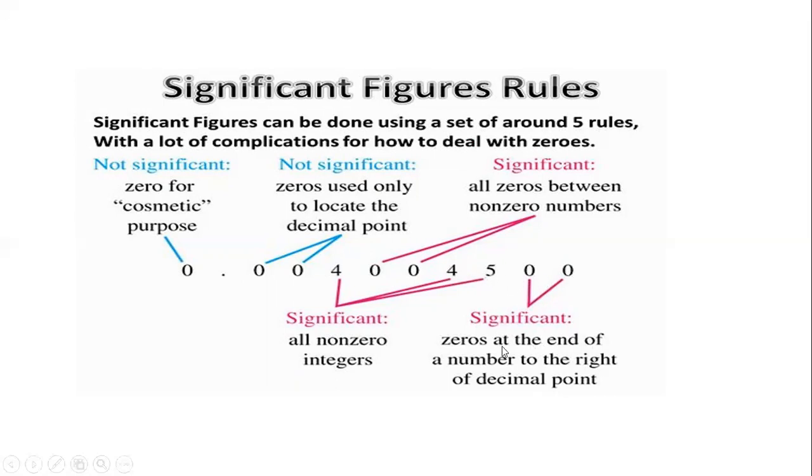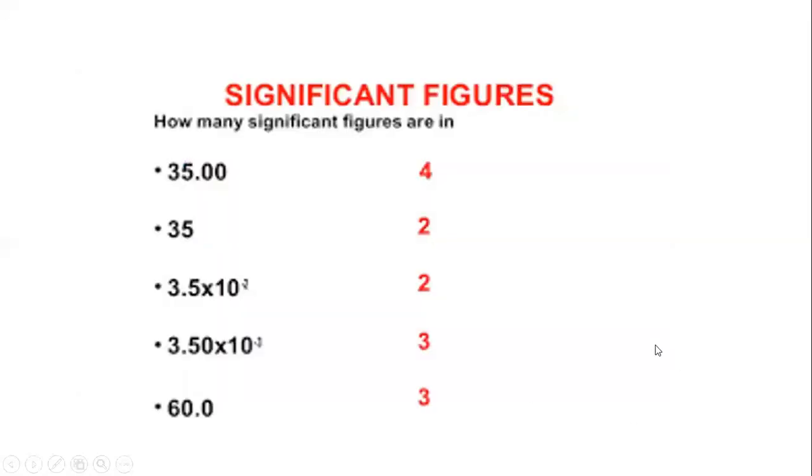Zeros at the end of a number to the right of a decimal point can also be termed significant figures. How many significant figures are there? 4, 2, 2, 3, 3.